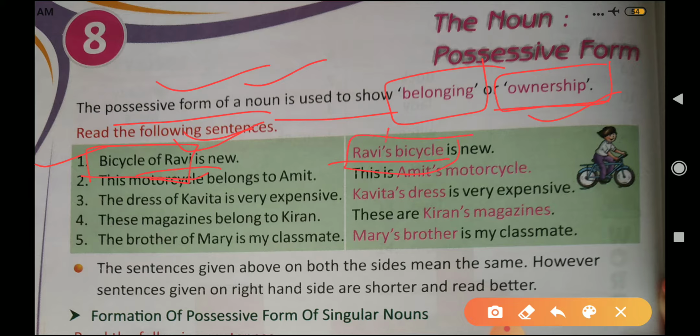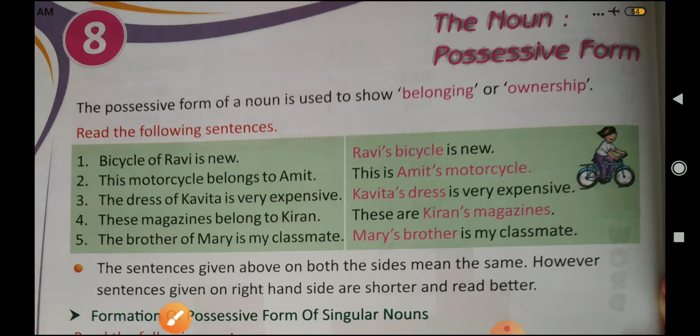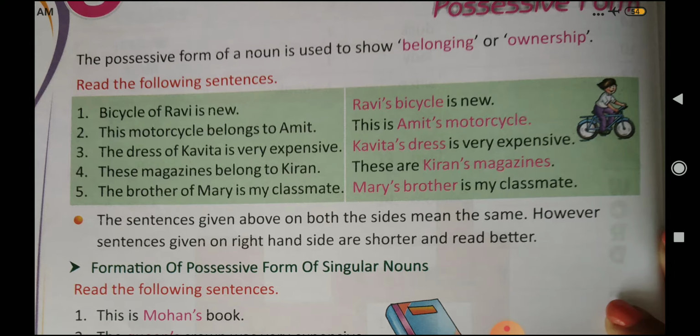So we can write it as Ravi's bicycle. This apostrophe s shows the possessive form. Then, this motorcycle belongs to Amit, or we can write it as this is Amit's motorcycle. Third one, the dress of Kavita is very expensive, or we can say Kavita's dress, means this dress belongs to Kavita, and the dress which belongs to Kavita is very expensive.